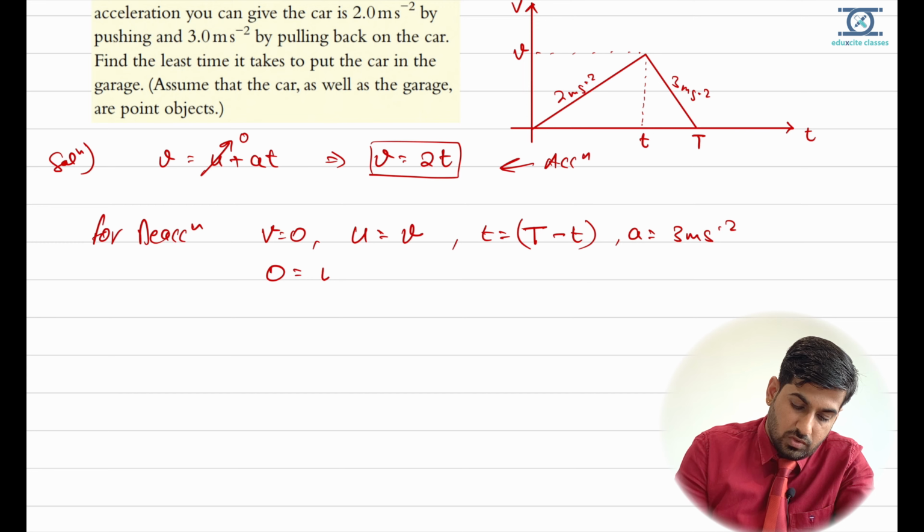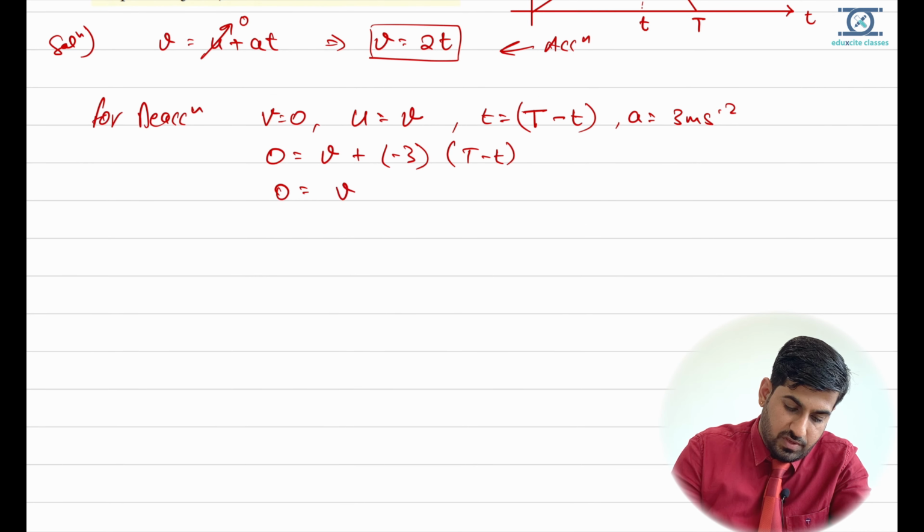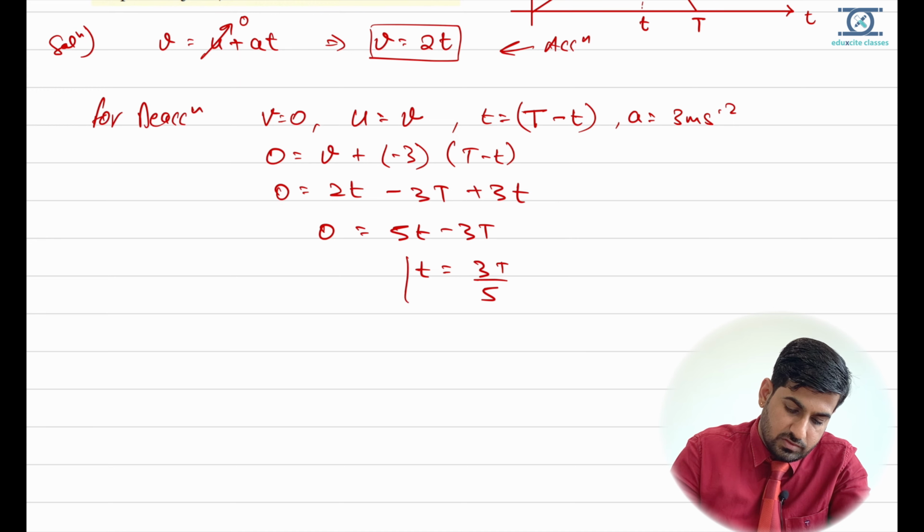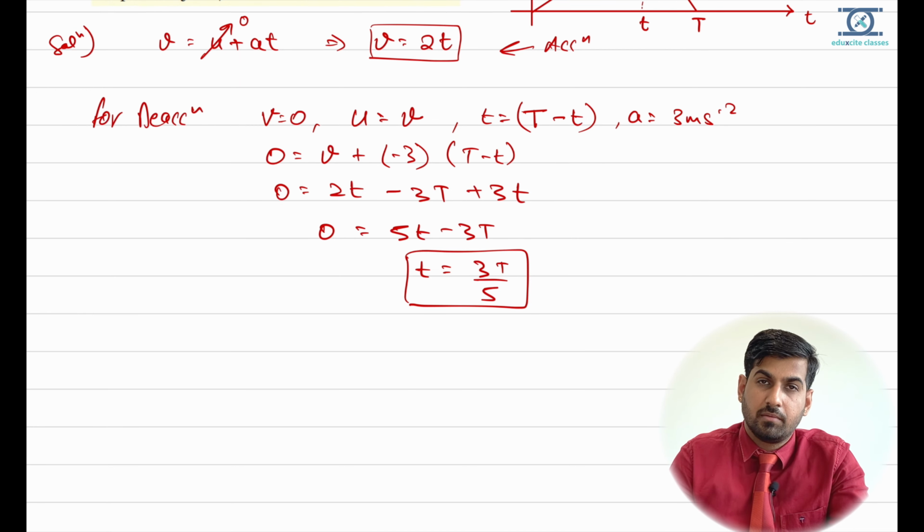Final v is 0, u is v, plus a is 3, but this is negative, right? So minus 3 into (capital T minus small t). Solve this: 0 equals v minus 3T plus 3t, and instead of v I can write 2t. So 0 equals 5t minus 3T, and from here I can say small t equals 3T by 5. So we got the relation between small t and capital T.